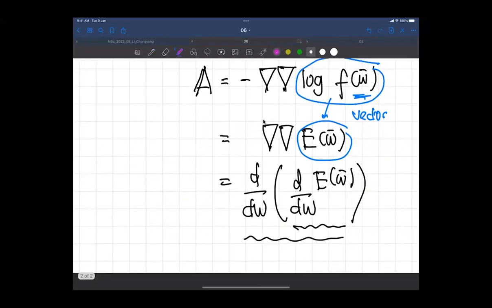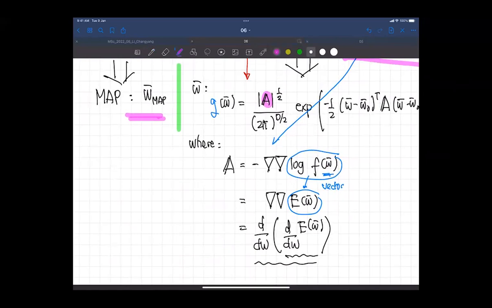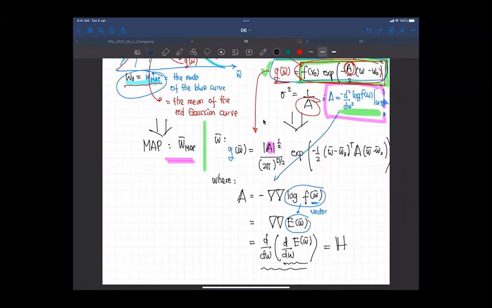And this one, A, is the same as H. So the Hessian matrix is your covariance. The second derivative of your error function is your covariance.